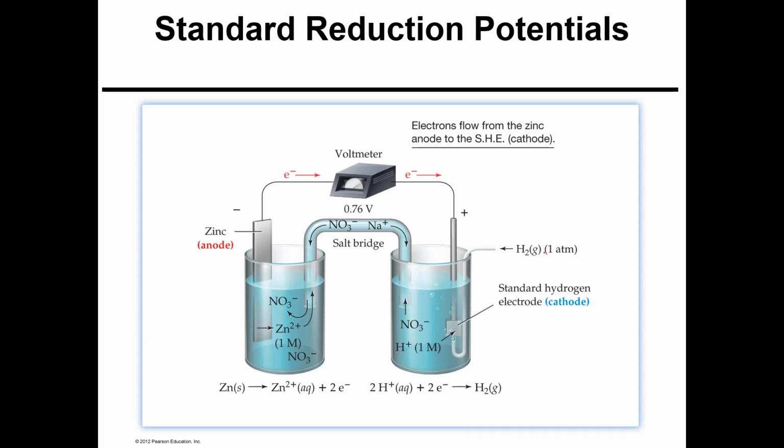And hydrogen this time acting as the cathode. So electrons flow out of the zinc anode through the wiring into the voltmeter and to our standard hydrogen electrode. And then we have our salt bridge here that's made up of sodium nitrate that connects these two to allow ions to flow from one part of our cell to another.